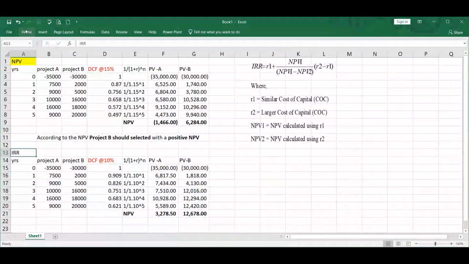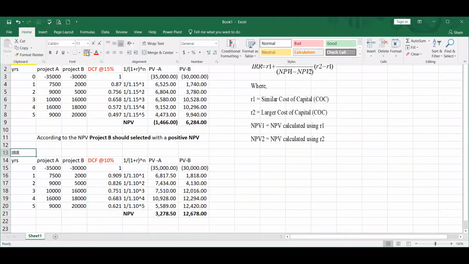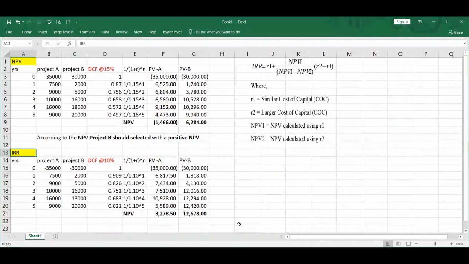Now we are going to find the IRR. For IRR, you need two different rates. So 29, 40, 43, 47.